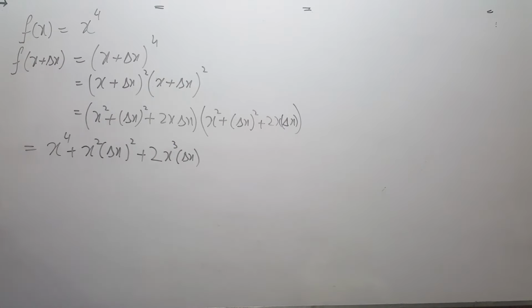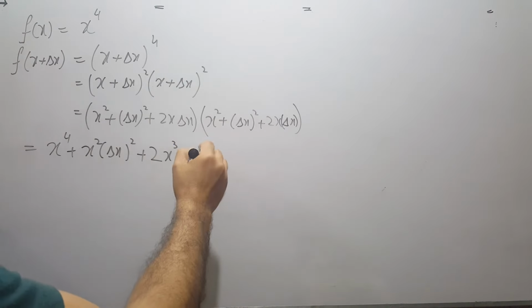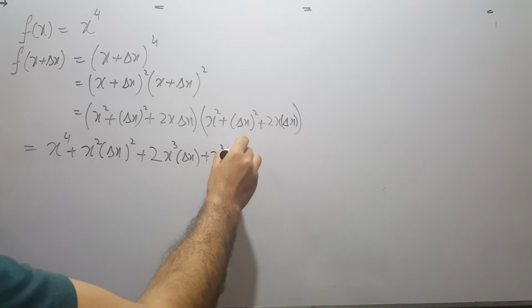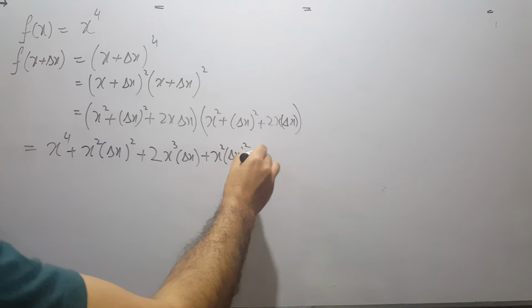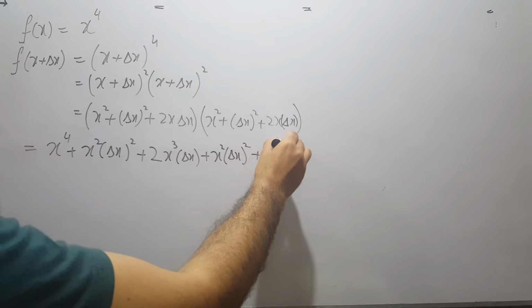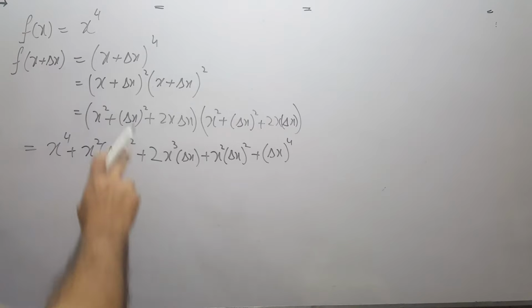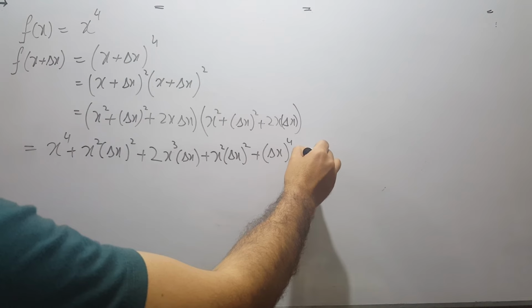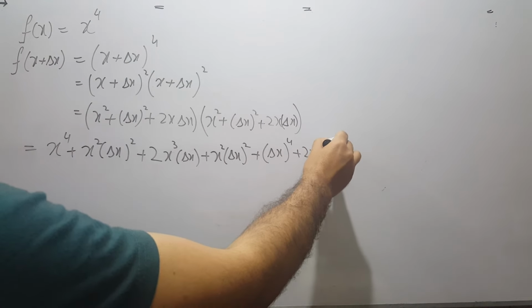delta x. Now you have to multiply x square to all these terms, so that would be x square delta x square plus x square into delta x square gives us delta x power 4, and delta x square into this gives us 2x delta x cube.